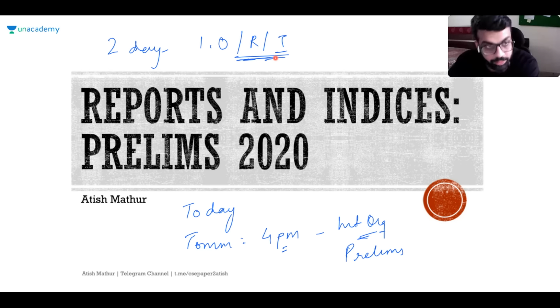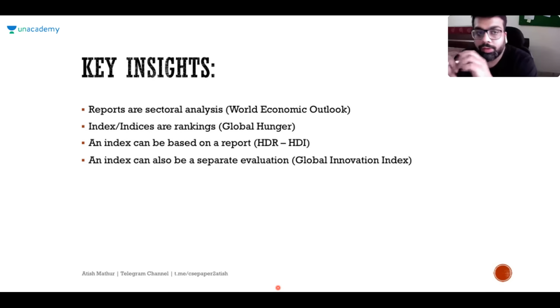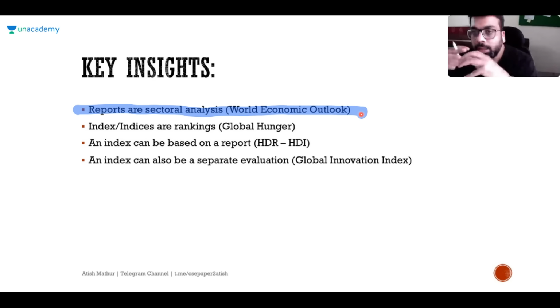All right, so let's first get some key insights in place. Very simply put, a report is a sectoral analysis. For example, the macroeconomic sector, the industrial sector, the health sector, the education sector, the general intellectual property sector, anything.